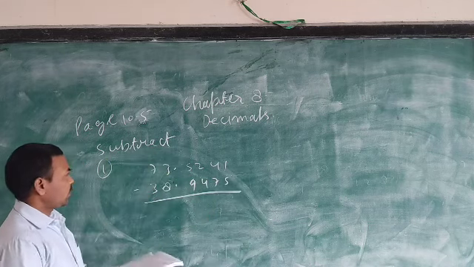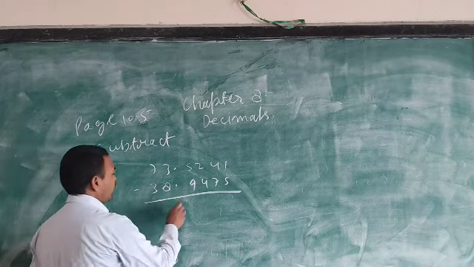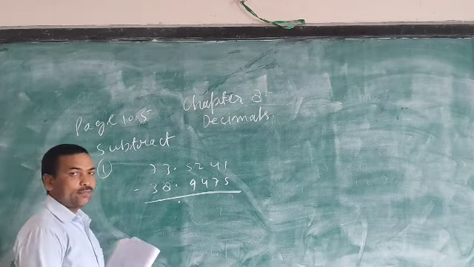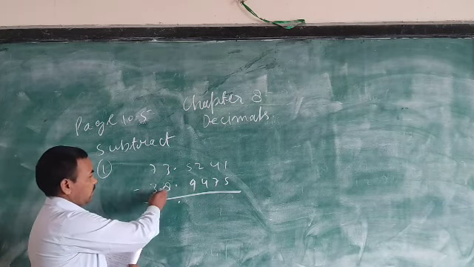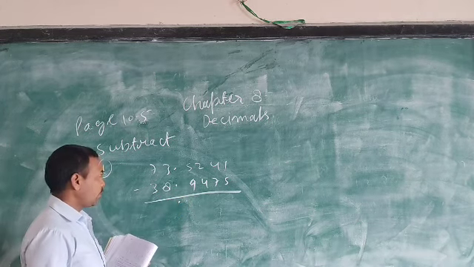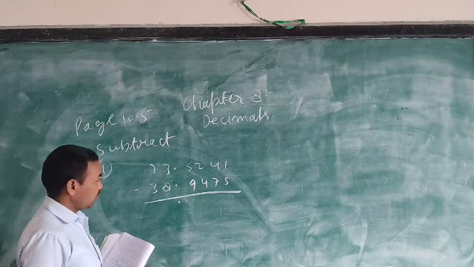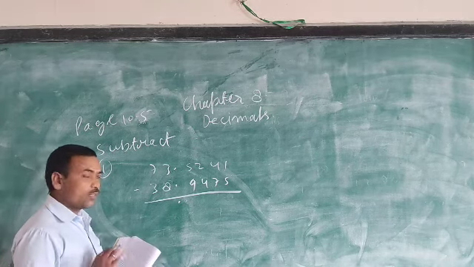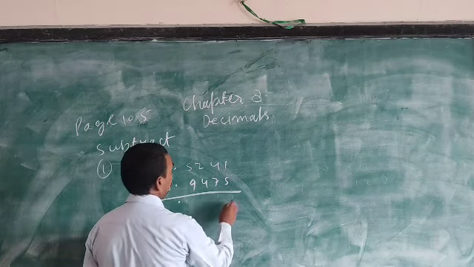Just subtraction like the whole number, nothing different. Only points will be below points. Correct answer, your near about or approximately you can guess your answer. So 11 minus 5 is 6.